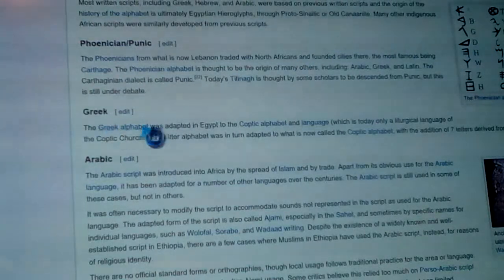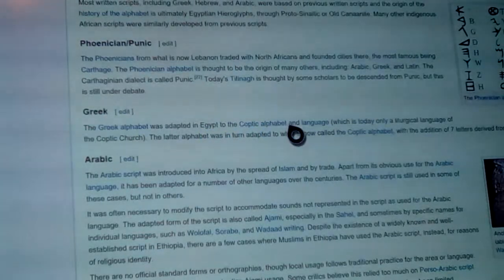So the Greek alphabet was adapted in Egypt to the Coptic alphabet and language, which today is the liturgical language of the Coptic Church. Later, the alphabet was adapted in what's known as the Coptic alphabet, with addition of 7 letters derived from ancient Demotic. So, at first they were missing a few letters. Here you can see A, B, C, G, D, H, V. They're missing letters in there, just certain sounds and phonetics.